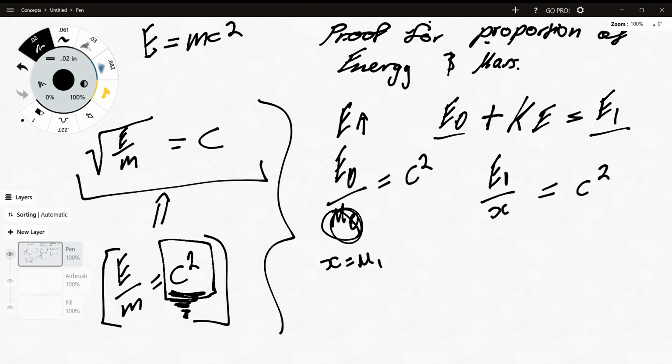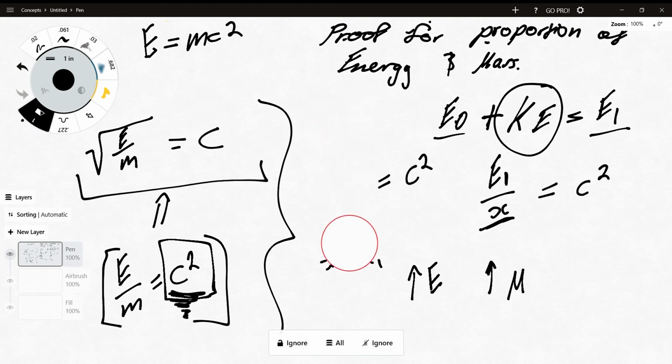So m1 and e1 are the mass and energy respectively before this kinetic energy releasing event occurred. I can solve for x because I can sub in e1, and it's always in proportion. So if I want to increase my energy, I'll also have to increase my mass.